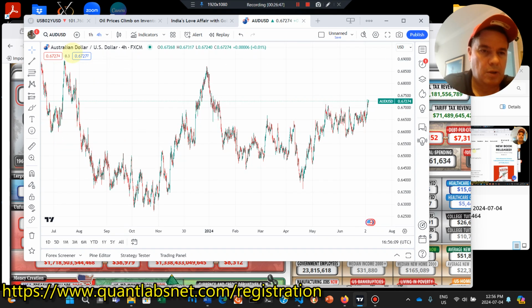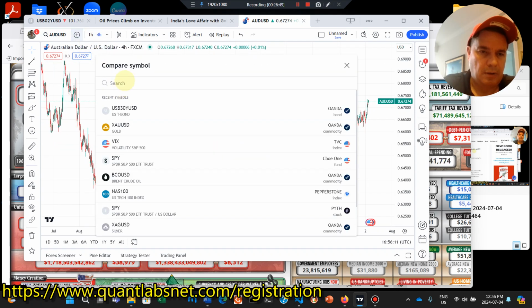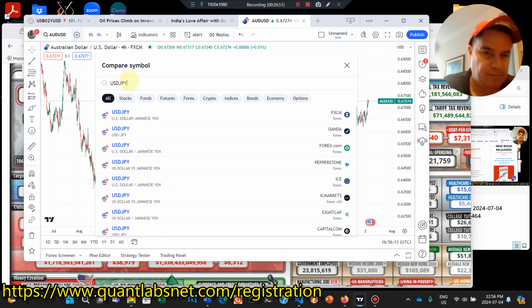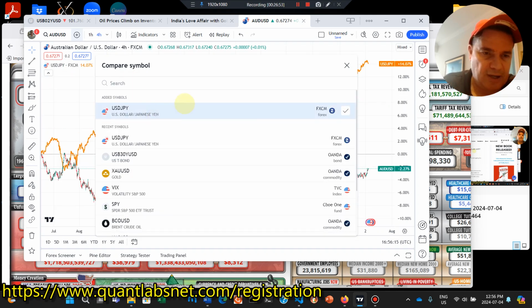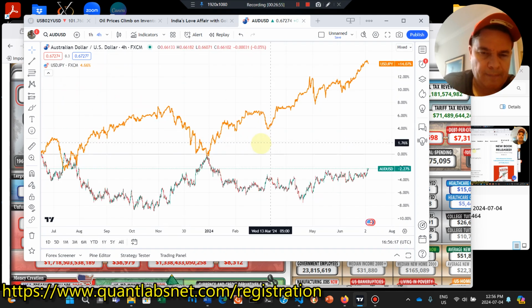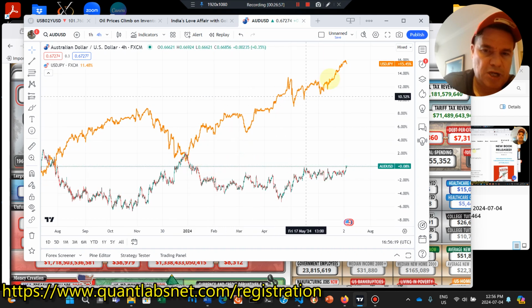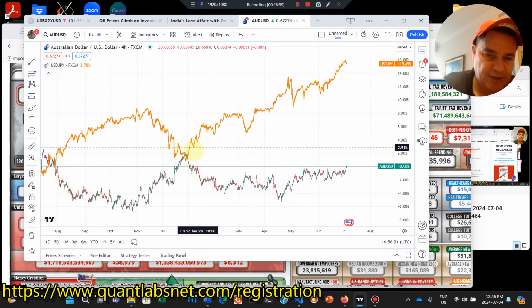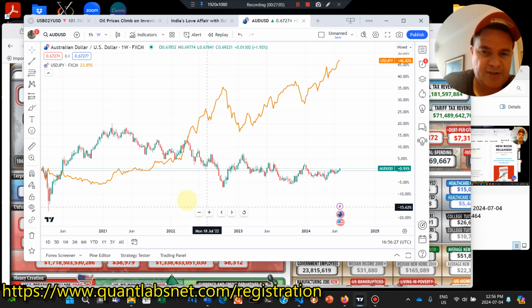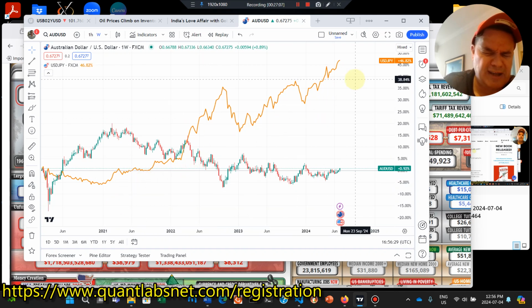But if I do a comparison, I think what the catalyst will be right here is the Japanese yen. So you can see here the Japanese yen since 2024, or better yet, let me go back at least 5 years. You can see here the yen has really taken off.